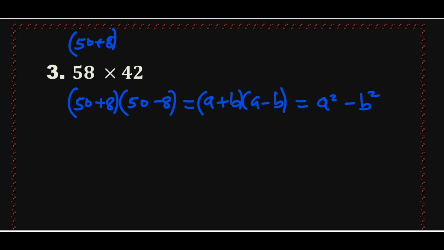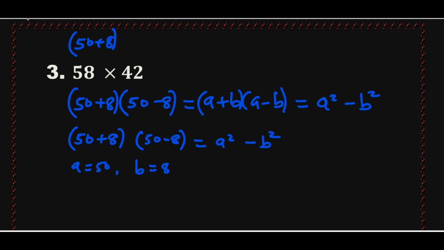So in this case, we have 50 plus 8 into 50 minus 8. This should give us a squared minus b squared. In this case, our a is 50, our b is 8. So substitute this into a squared minus b squared. What will we get?